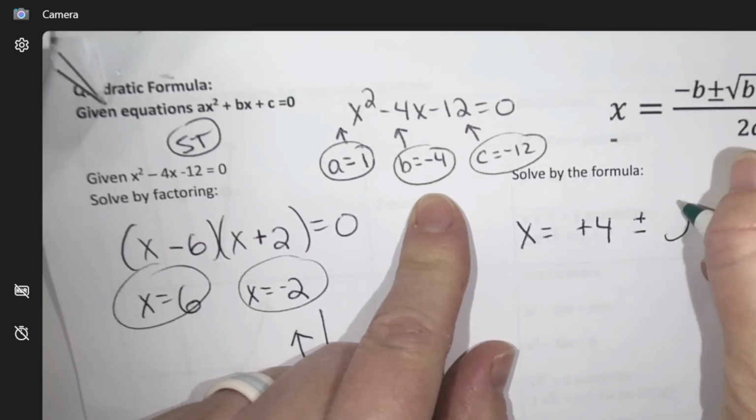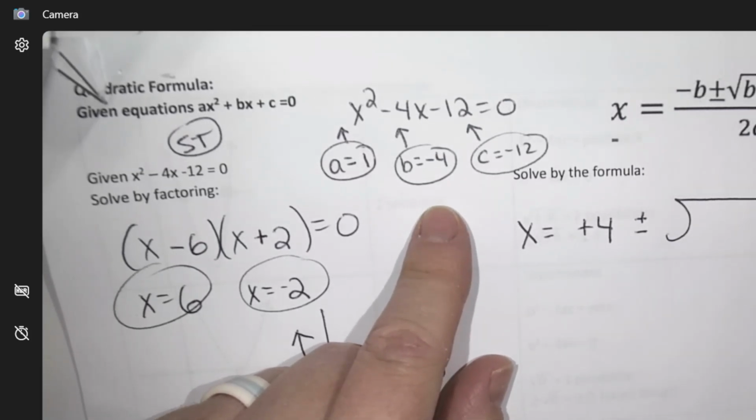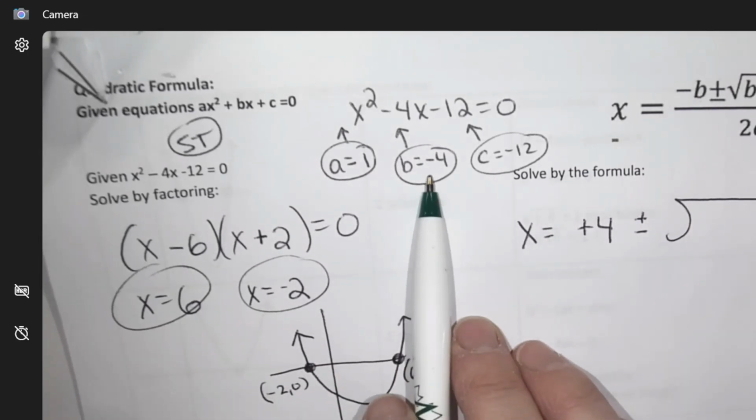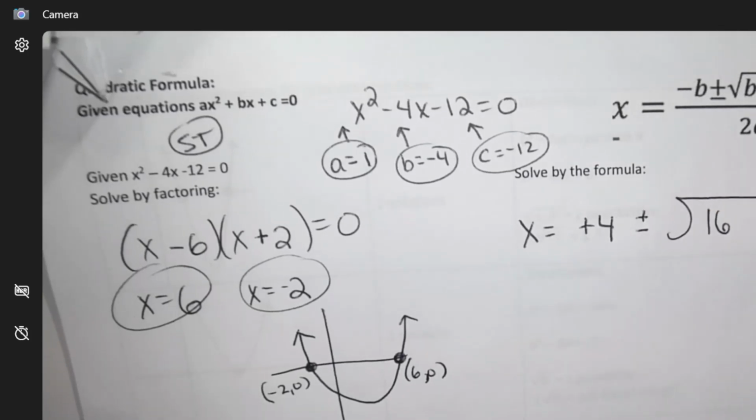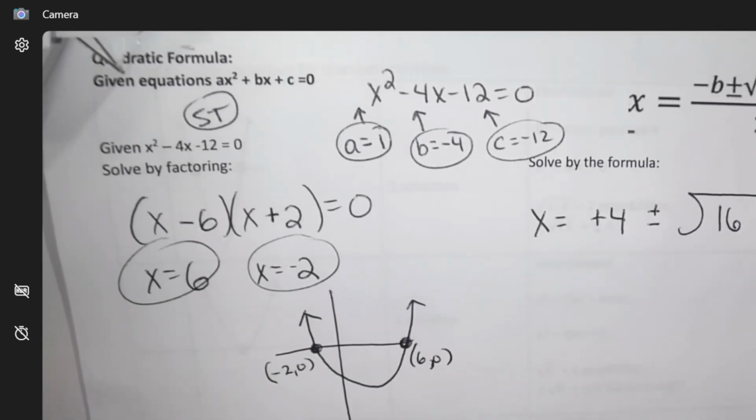plus or minus the square root of B squared. What do you get when you square this number? 16. Positive or negative 16? Positive. Okay, actually that's the spot I get all the errors in on tests. Why do I get people doing errors?